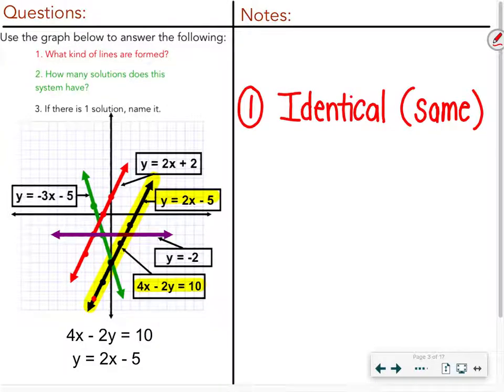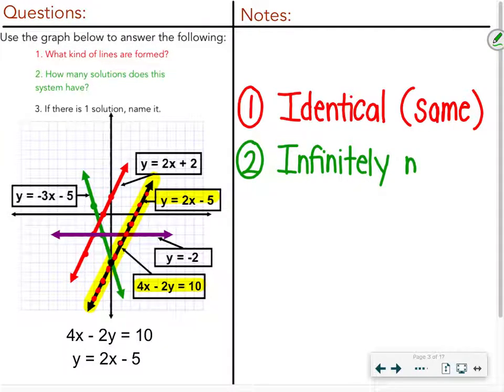These two lines intersect here, here, here, here, and that will keep going forever, an infinite number of times. So for number 2, the number of solutions for identical lines is infinitely many. Since there isn't just one solution, we don't have to name it.